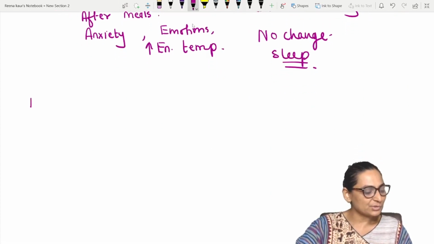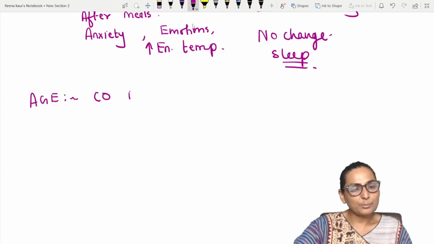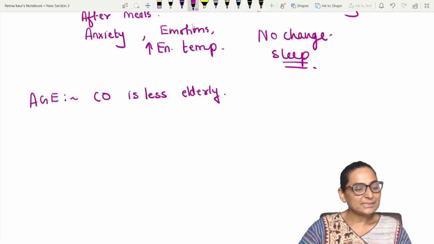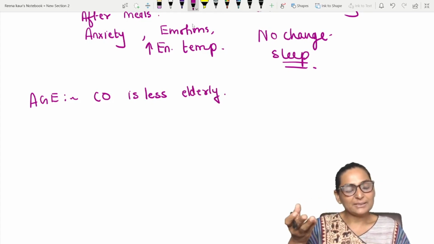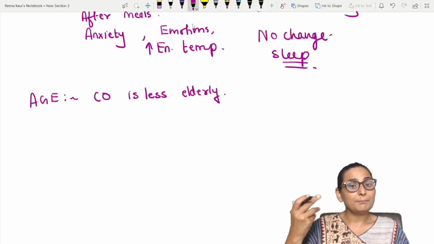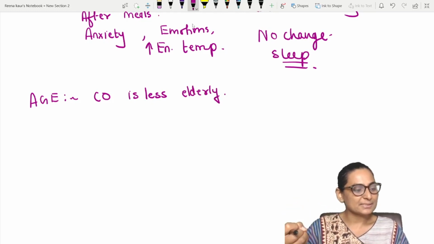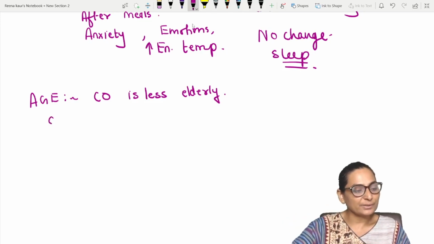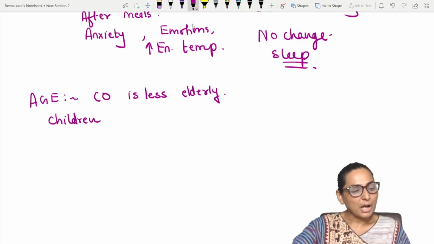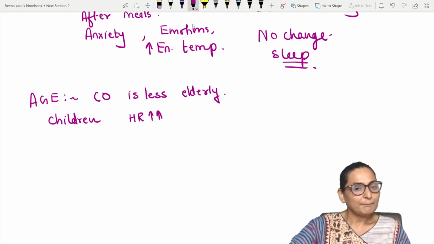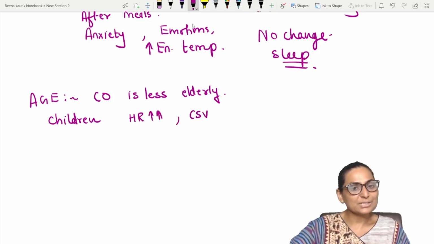How about age? You will see that the cardiac output is less in the elderly. With elderly, there is a decrease in the heart rate, there is a decrease in the stroke volume, and the body muscle mass also decreases. However, in children, the heart rate is more, but the stroke volume is not very high.